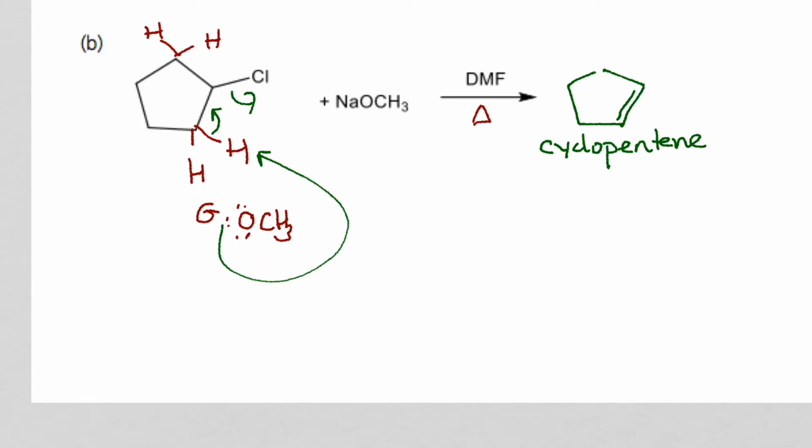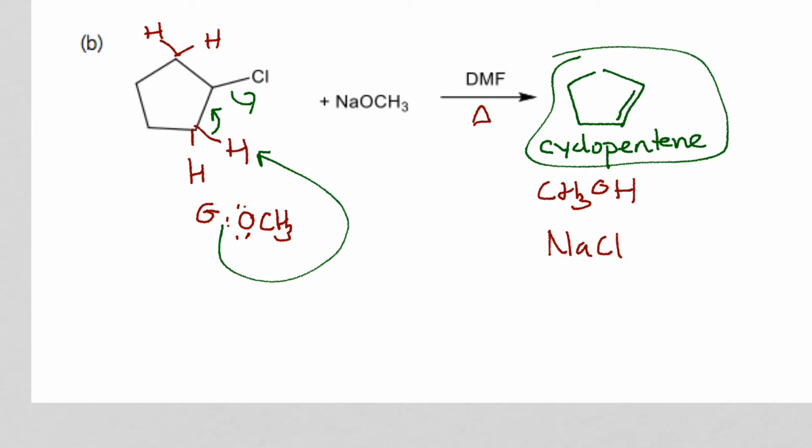We also end up with methanol and sodium chloride, but the product that we're really worried about is the major organic product, which is cyclopentene. And just to reiterate, remember this is an E2 reaction. We've got a strong base.